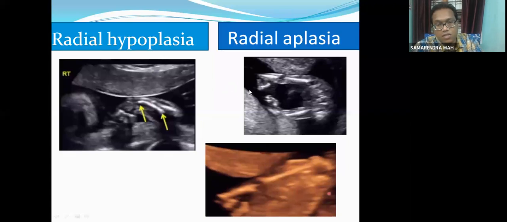And the right one shows radial aplasia, where the proximal segment shows the humerus, and the middle segment of the upper limb shows only one bone, that is the ulna, and the hand is deviated. The lower image shows the 3D graphic image in maximum mode, showing only one bone in the middle segment. So when one bone is present and that is the ulna, it is a case of radial aplasia.